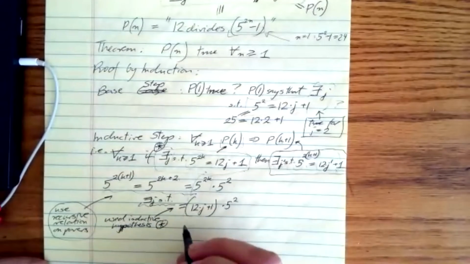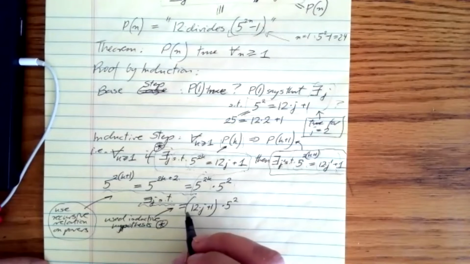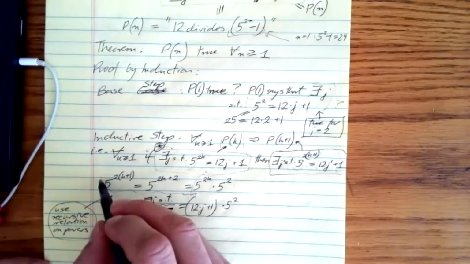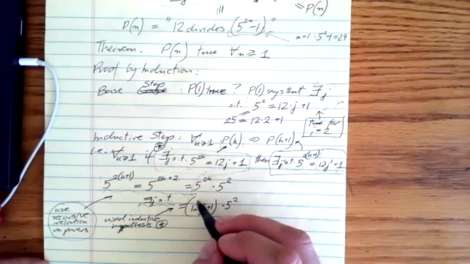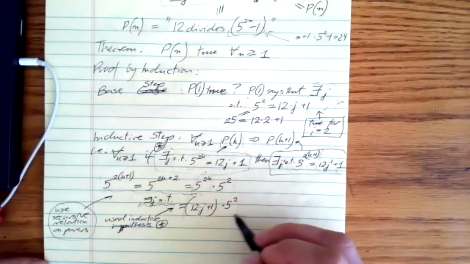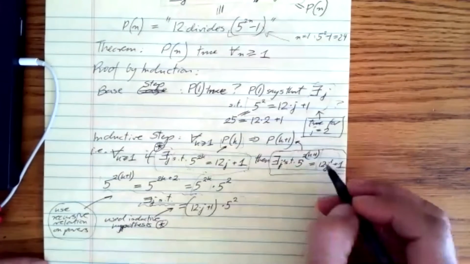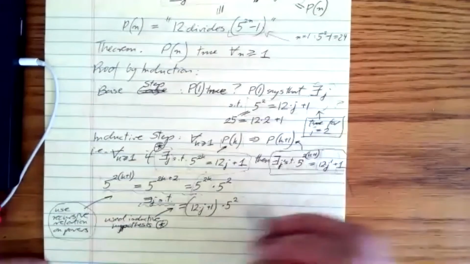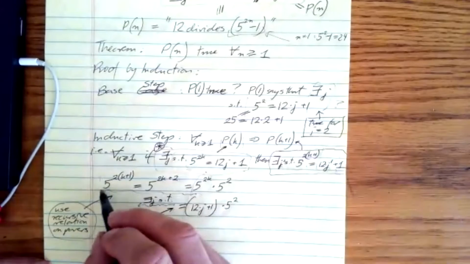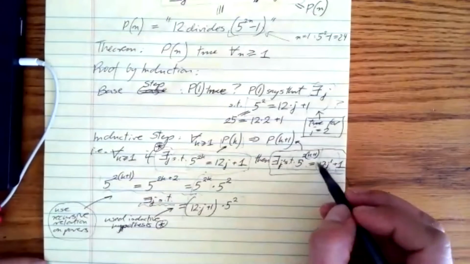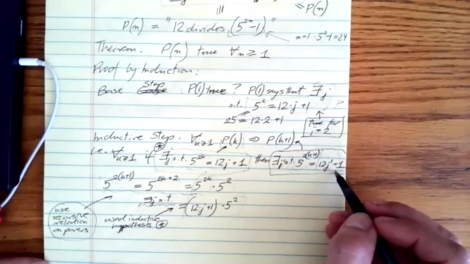And now the rest is again arithmetic. I know that this thing is such that there exists some integer such that this thing is equal to that. What I want is to be able to rewrite this in that form for some j prime, because that's my target, that this is equal to such an expression for some integer j prime.